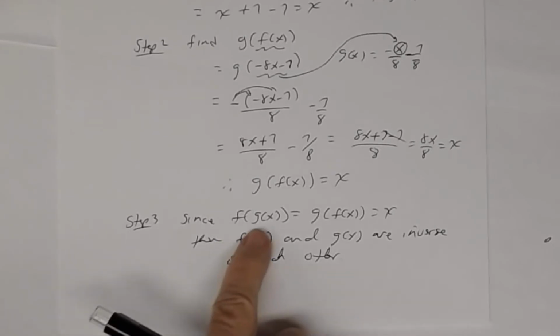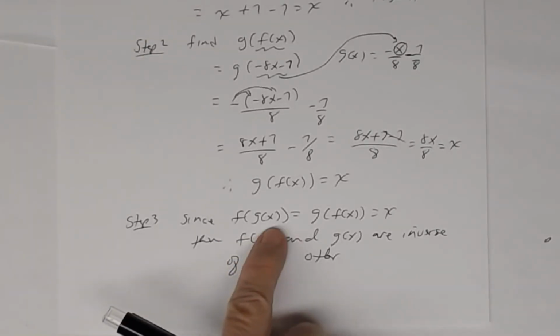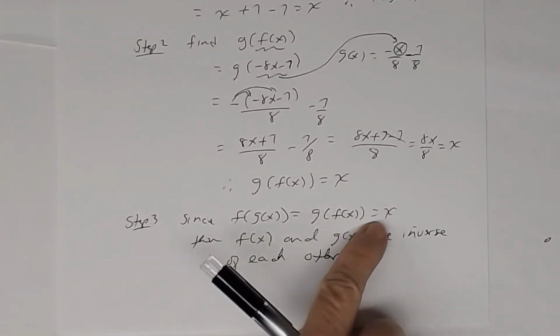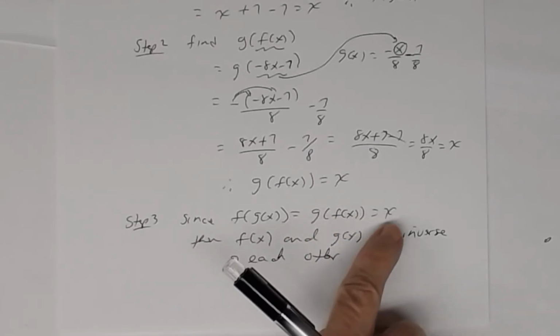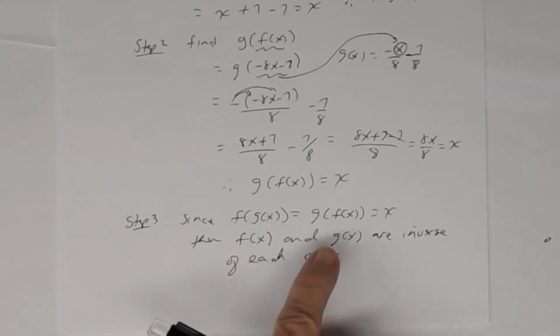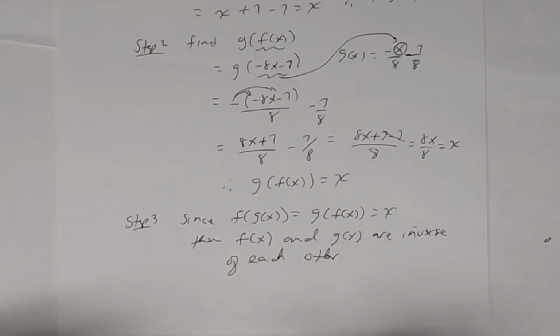Since f of g of x and g of f of x are both equal to x, they undo each other. Remember, the inverses undo each other. So that's why you get that x back. Then f of x and g of x are inverses of each other. All right, so that's number 2.